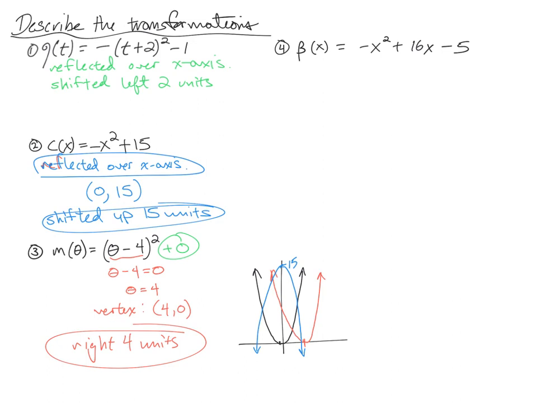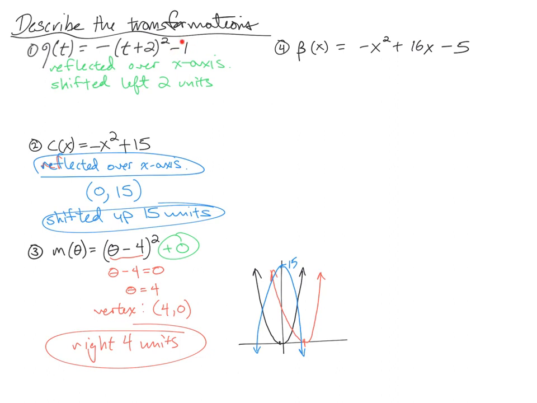Now let's see, I do have a number that is outside. It's not being grouped up with the variable like this one. This was a plus 15, which means it shifted up 15 units. That means a minus, again, the exact opposite of a plus, would move it in the opposite direction.